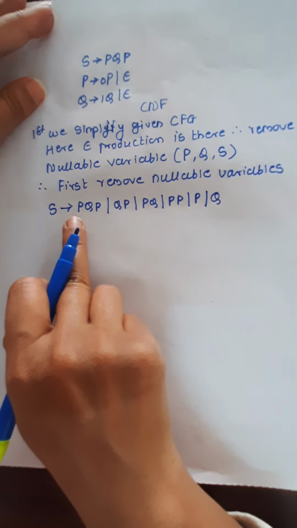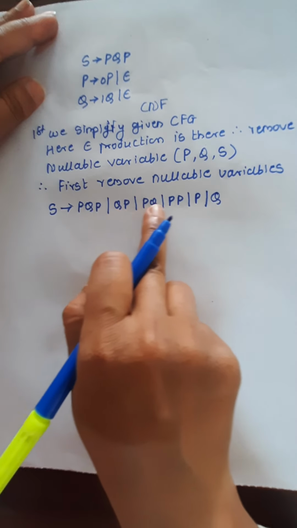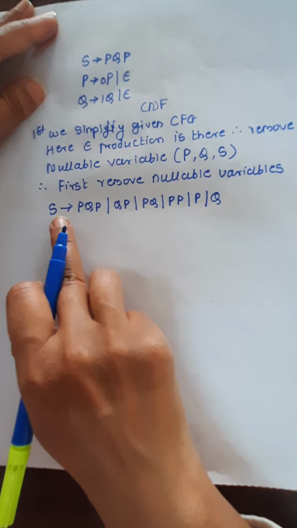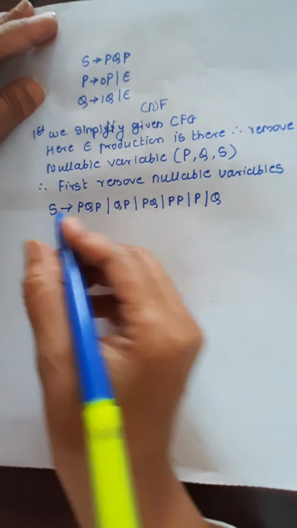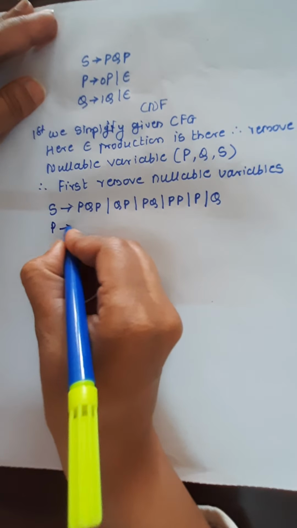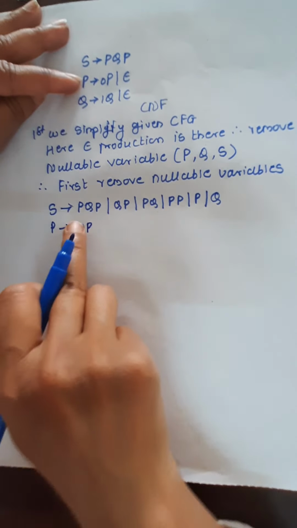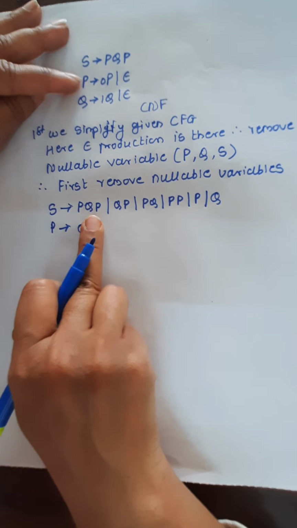So we remove all possible combinations of the nullable variables and we get the new generated productions as these. And now we have removed the nullable variables from the S production. Same for the P production. Write down the original 0P as it is. Now in this production P is nullable, so remove it, and if we remove P, what is left? Only 0.